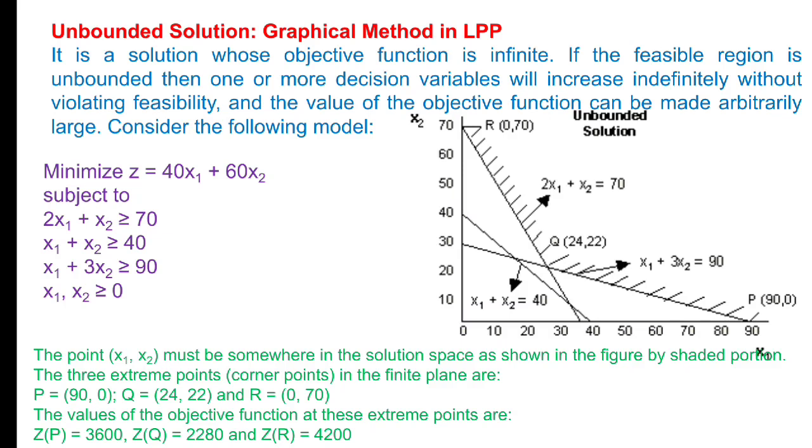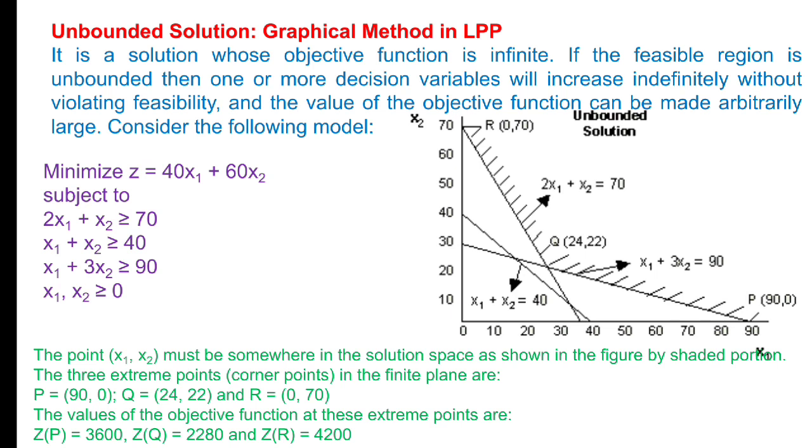Minimize z equal to 40x1 plus 60x2 subject to the constraints 2x1 plus x2 greater than 70, x1 plus x2 greater than 40, x1 plus 3x2 greater than 90. So x1 and x2 must lie somewhere in the solution space shown in the figure. Somewhere, but where exactly? Unbounded means we cannot find corner points or a feasible region.